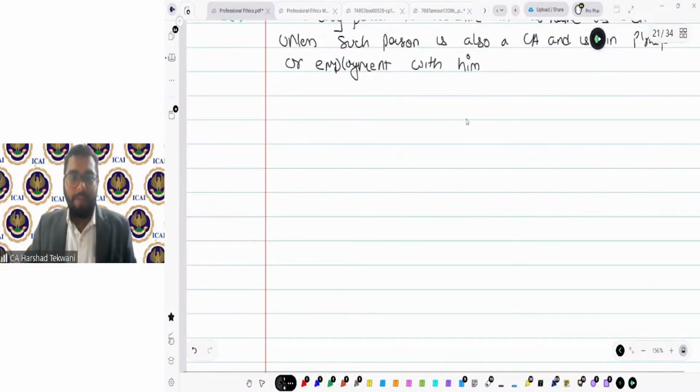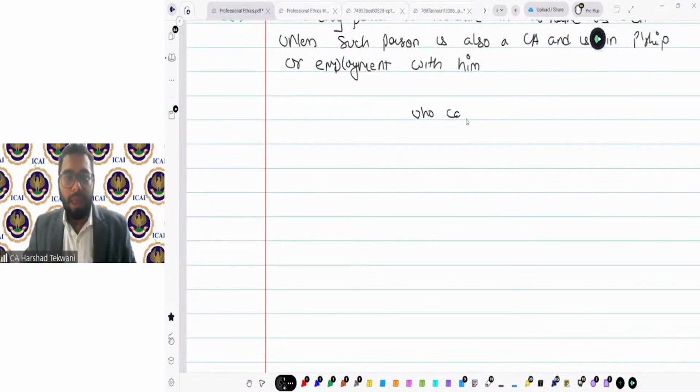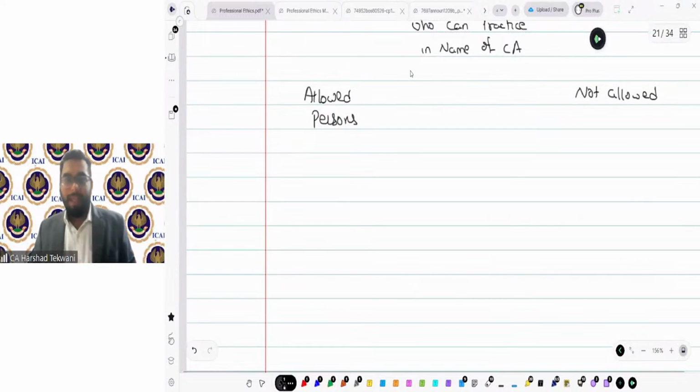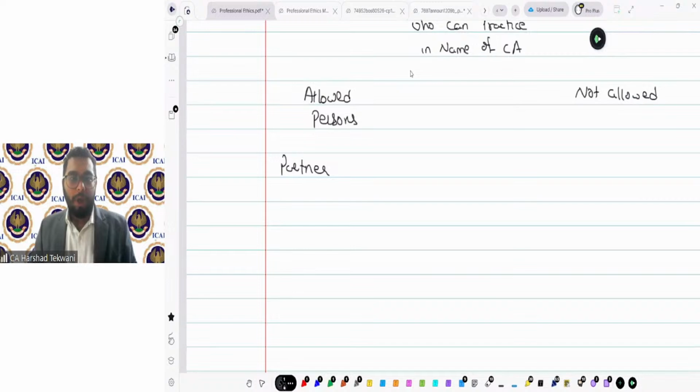So, to summarize, who can practice in the name of a CA? On one side I'll say allowed persons, or not allowed. Allowed persons will contain partner, employee, or others.